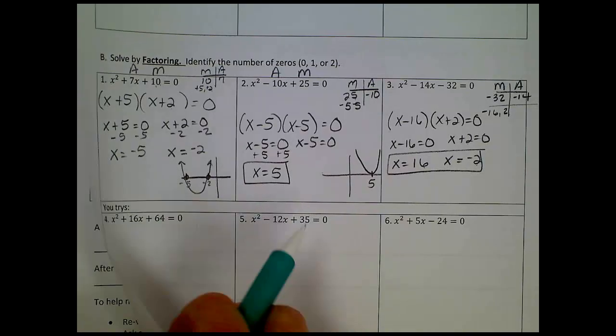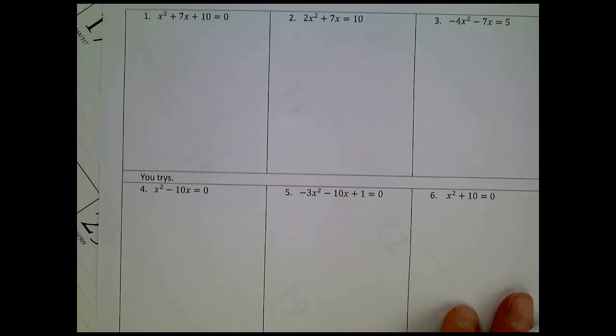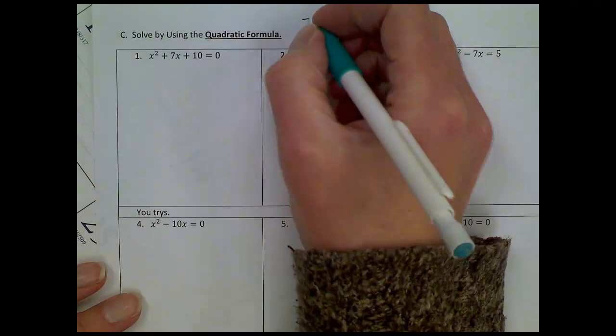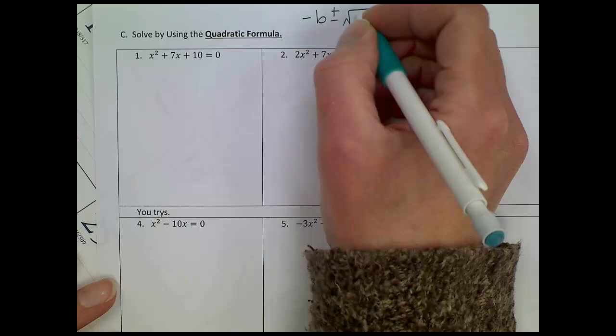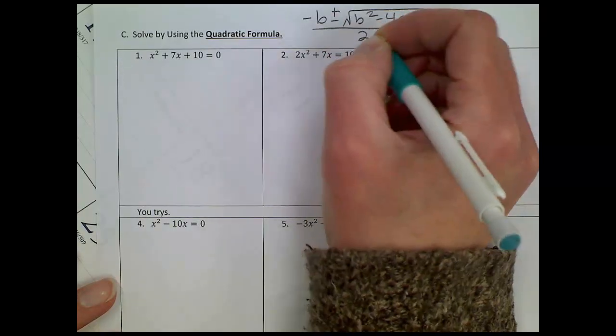And then, finally, we're at the quadratic formula on the last page. Remember, quadratic formula, it's helpful if you have it memorized: negative b plus or minus the square root of b squared minus 4 times a times c all over 2a.